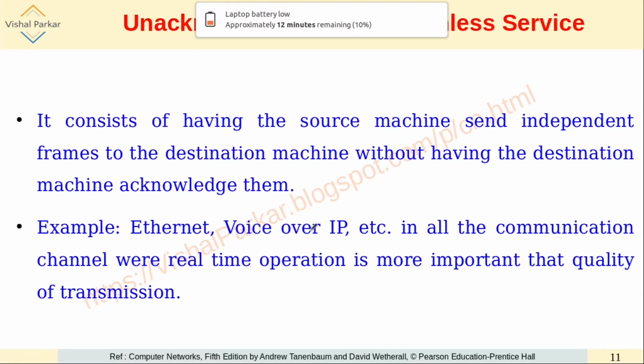Acknowledgements add to the reliability, whether the frame sent is received or not, but that is sometimes not as important as having the frames sent in real time. So this is what is called unacknowledged connectionless. There is no connection established, individual frames are transferred, that's why it is called connectionless. And as there are no acknowledgements sent by the receiver back to the sender, that's why it is called unacknowledged.